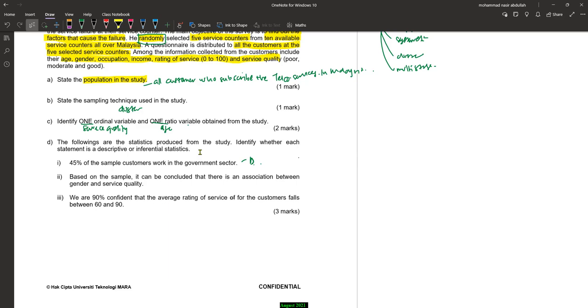So dekat sini, based on the sample, it can be concluded that there is an association between gender and service quality. So there are the association, relationship. So this is an inferential statistic. We are 95% confident, right, that the average rating service for the customer falls between 60 and 90. So this is also inferential statistics. Right? Okay?